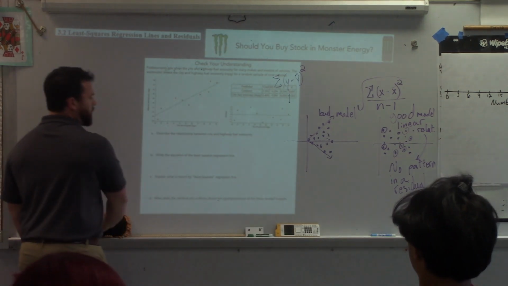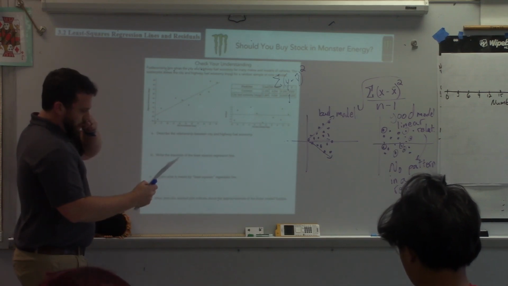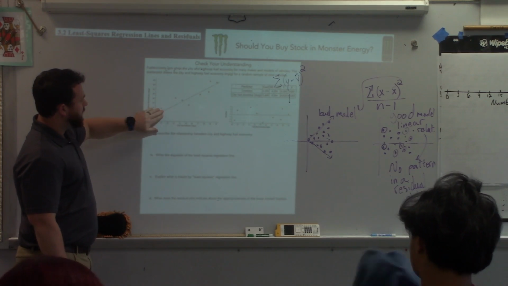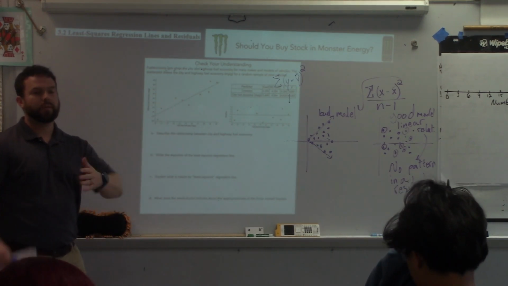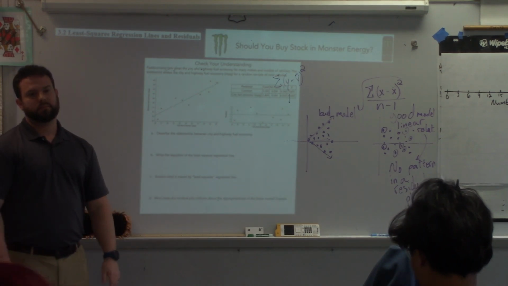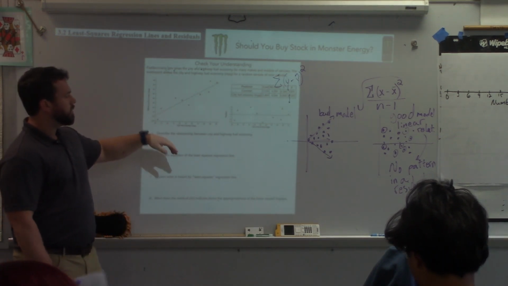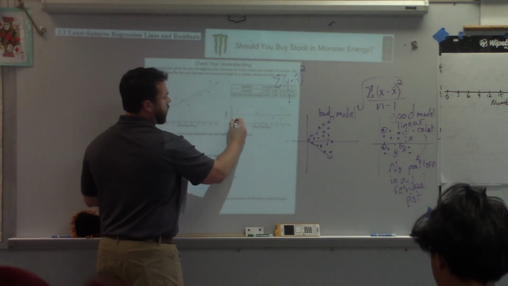I'm not going to go all the way through it, but I need us to recognize this. Right here, when I look at this data, is that somewhat scattered? Or can I draw a curve to approximate that data? It's mostly scattered. If I wanted to try to draw a curve, it would not work out very well.